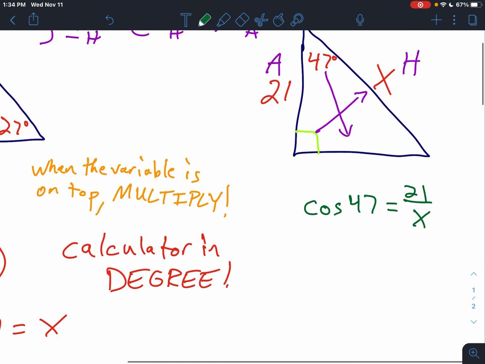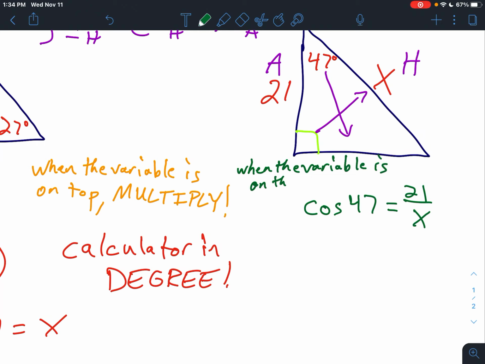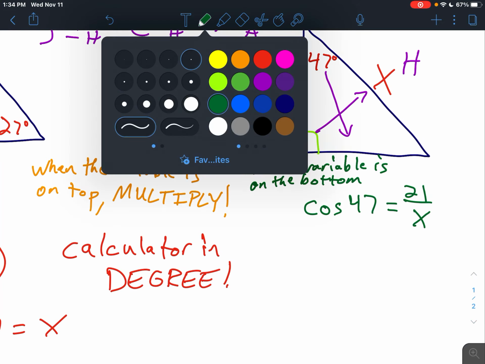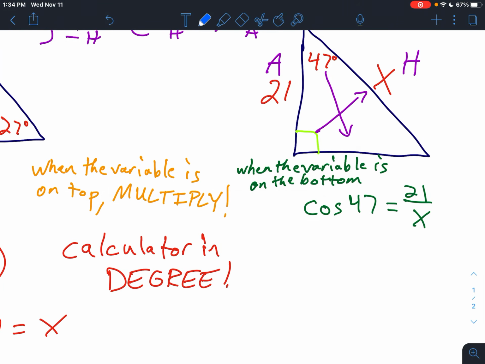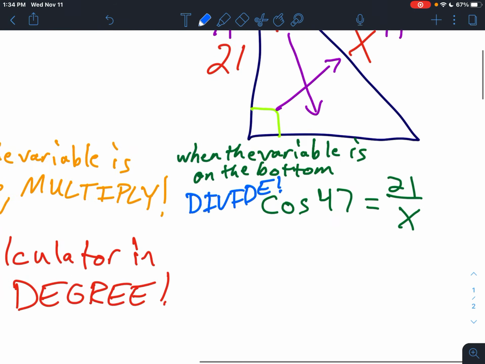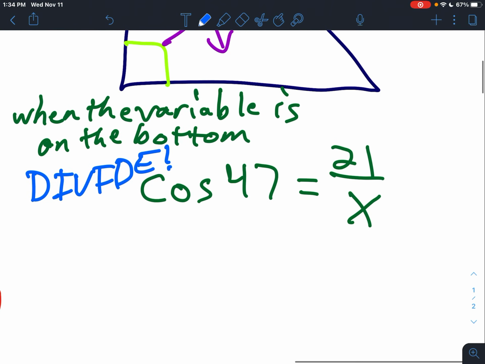Okay. So now, when the variable is on the bottom, divide. Okay, I'm going to take my number that's on top and keep that on top.